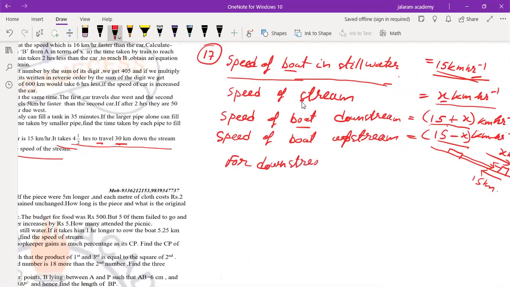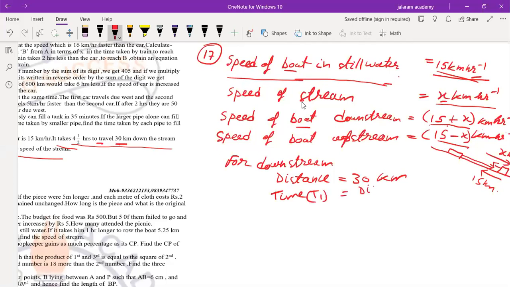For downstream, distance is given 30 km. So if distance is 30 km, what will be the time for downstream if we write it T1?